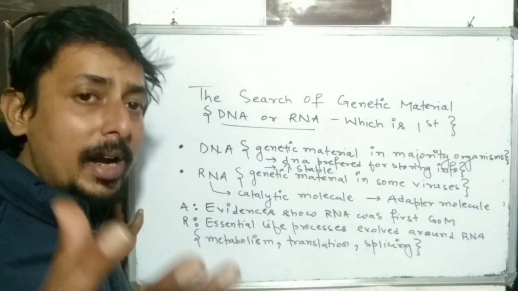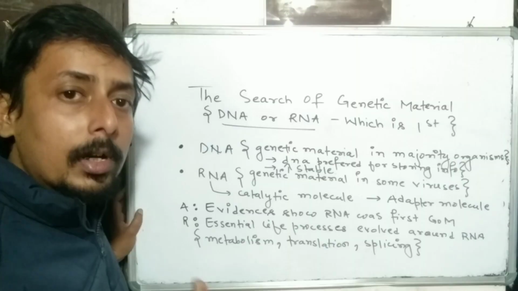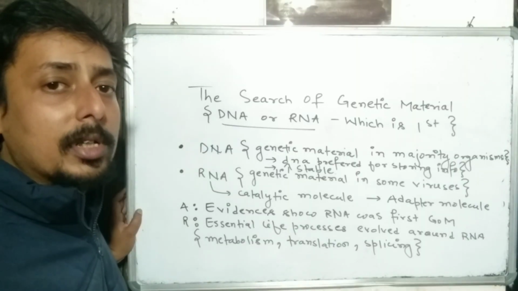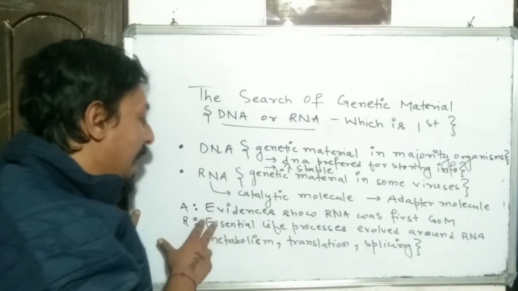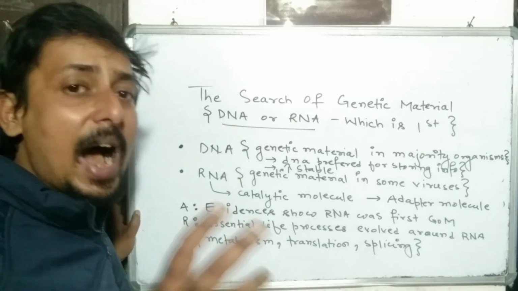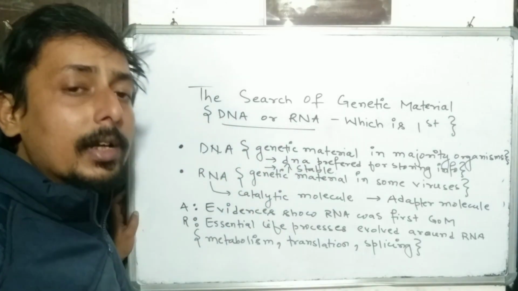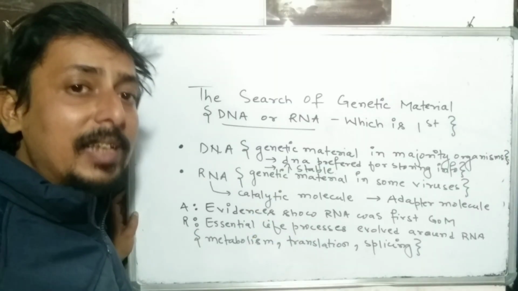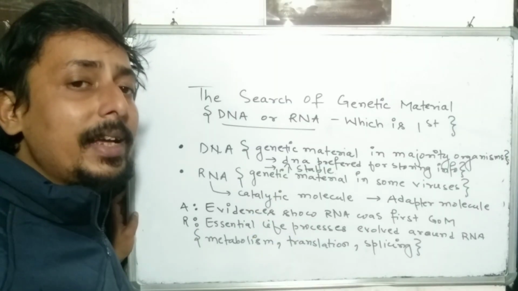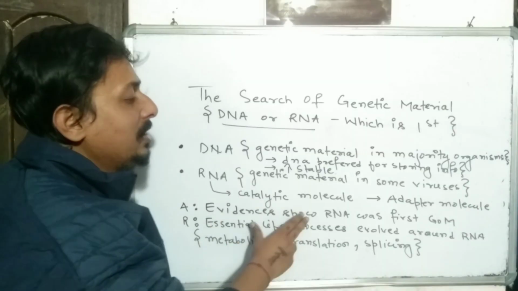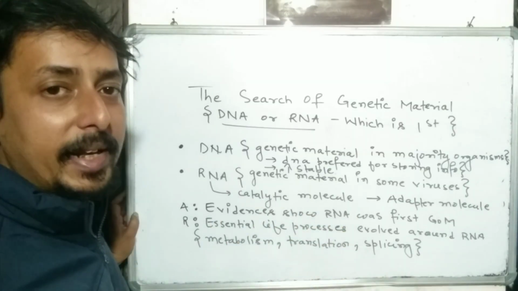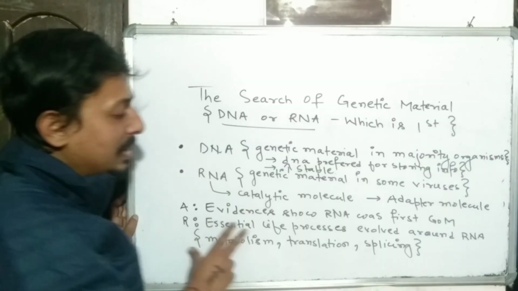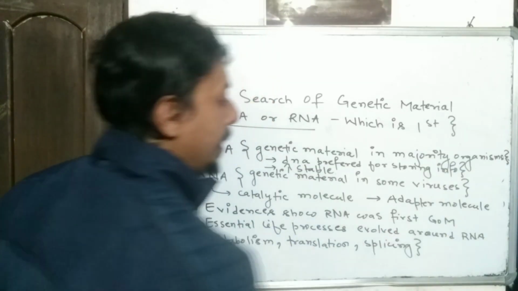Life is old, and when life came on this earth, there were life processes, and these life processes evolved around what? RNA or DNA? You have to say RNA. Life was old and the processes of life were old as life was, and these processes evolved around RNA. That's why it is the evidence that RNA was the first genetic material. If this assertion comes, you have to give the reason that yes, essential life processes evolved around RNA.